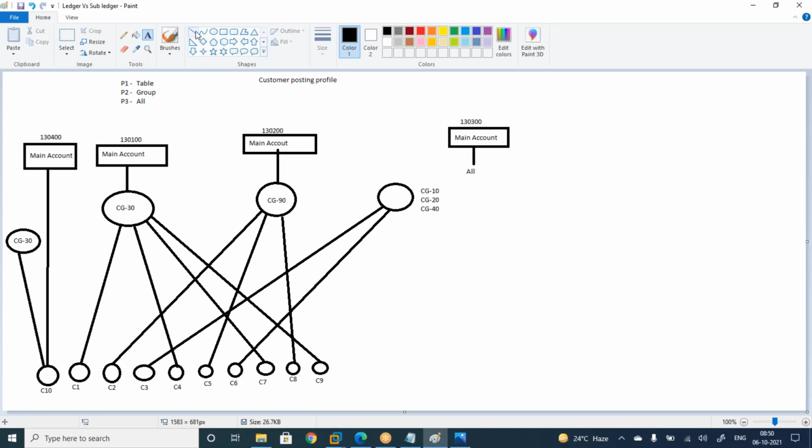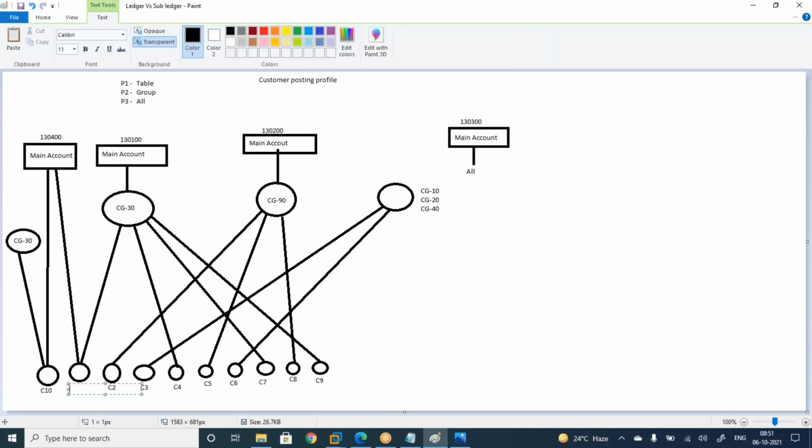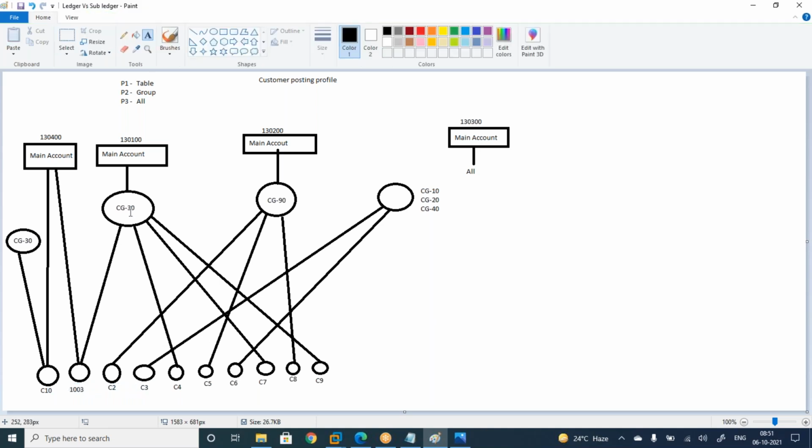Okay, this is like this, frankly. This is 1003. First try to map this one, 1003. 1003 is mapped with customer group 30. 30 is mapped with 130100. But the 1003 customer is directly linked to 130400.